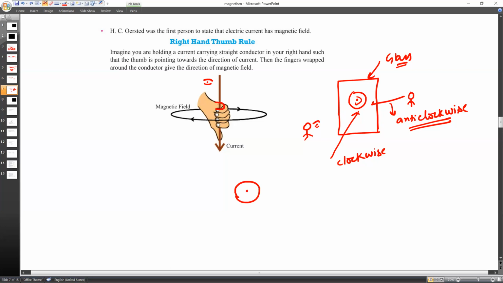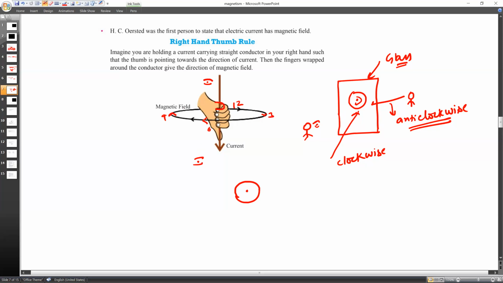You can see that this is 6, then 9, then 12, then 3. So this rotation is clockwise, and if you are watching it from here, you will observe it as clockwise. Got it? Yes, sir.